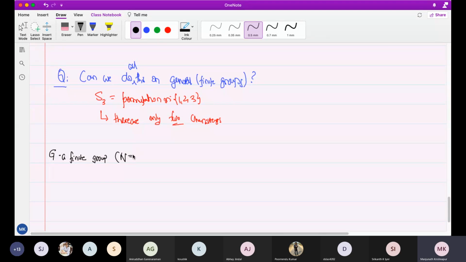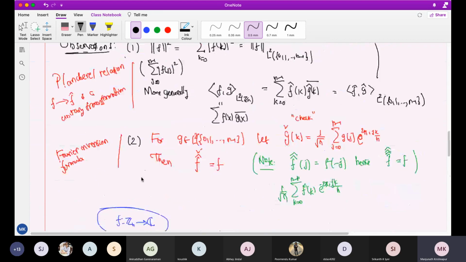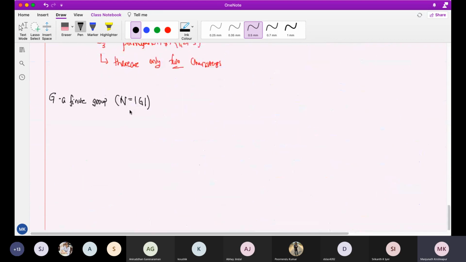I will always write capital N for the size of the group. If I'm studying specifically Z mod n, then I may have a small n, but in general capital N is the size of the group. So will characters give an orthonormal basis?